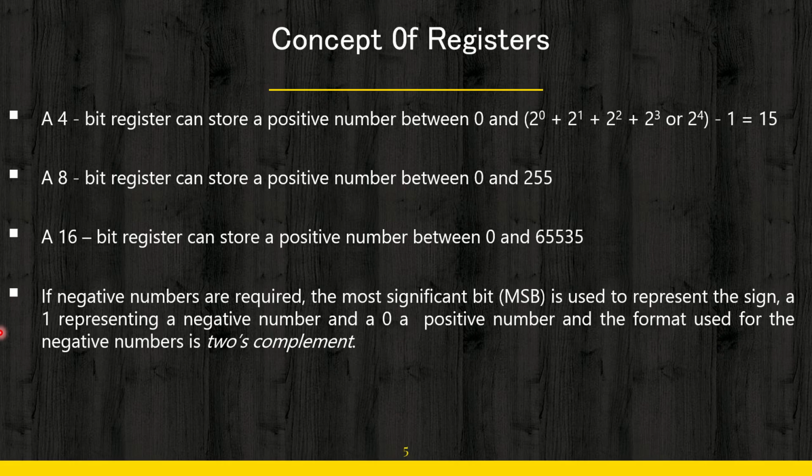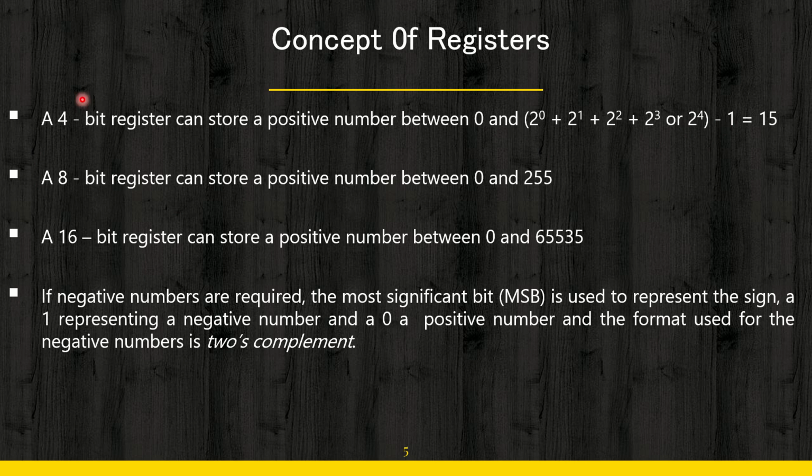Now you see, what is the extent of data that a register can contain? If we are talking of a 4-bit register, then we can store a positive number between 0 to 2 to the power 4 minus 1.